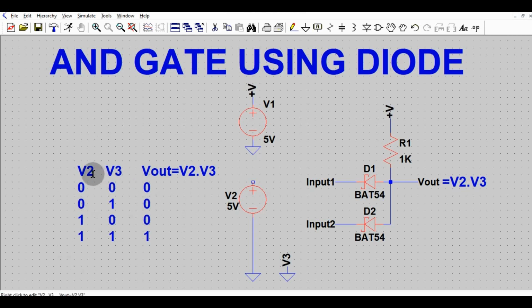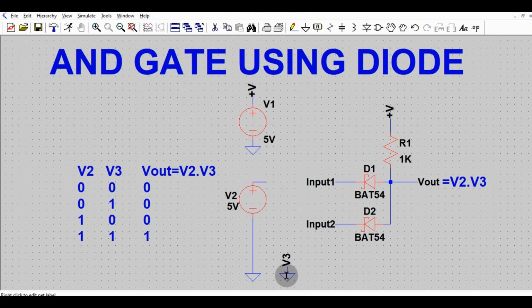Let us understand the circuit now. This is V2 and this is V3, which is ground, and this is 5 volt, which is connected here at R1, right?